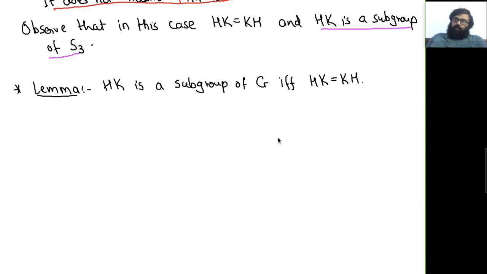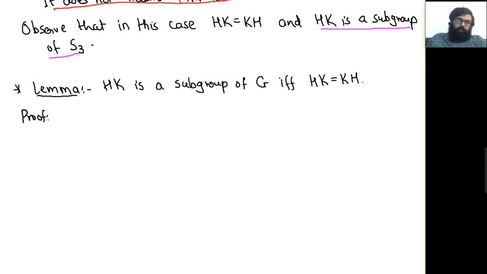So a very simple result. In the two examples we have observed, in the first example HK is not equal to KH, and it is not a subgroup. In the second example HK equals KH, in fact the whole group S3, and it is a subgroup. So let us prove this.